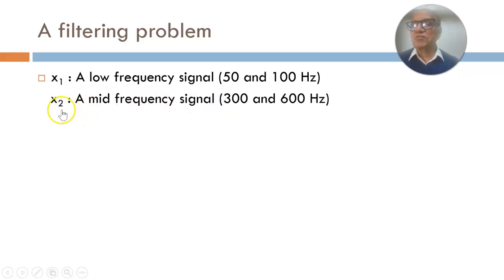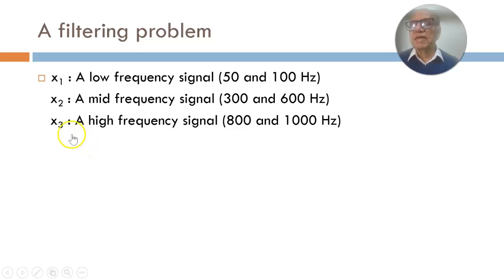Then we generate x2, which we call the mid frequency signal, and that is above the low frequency signal. So its starting frequency is beyond 100 Hz. In this case, we are assuming that it is 300 Hz. So x2 is generated by generating one sine term having a frequency of 300 Hz, another sine term having a frequency of 600 Hz, and then you add the two and that will generate your x2.